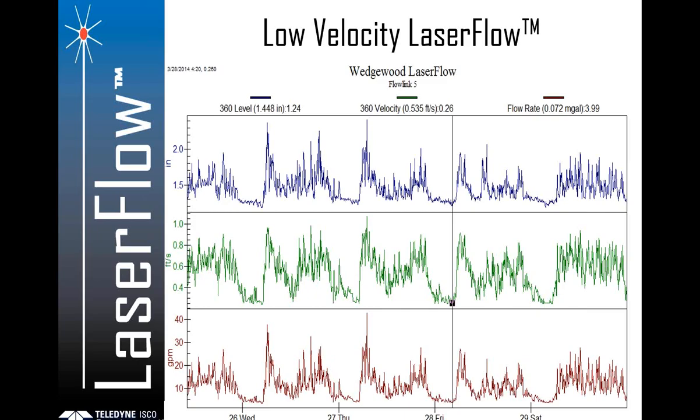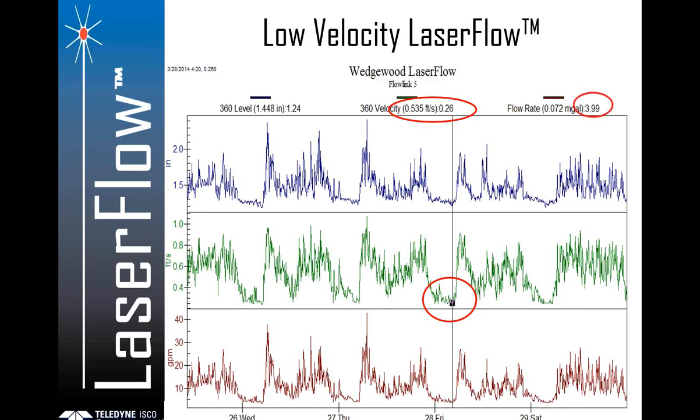And here's some comparison data showing again low water levels down to 1/2 inch, and we're seeing nice good diurnal fluctuations without a lot of noise even at those low levels. And velocities down to about 0.26 feet per second.